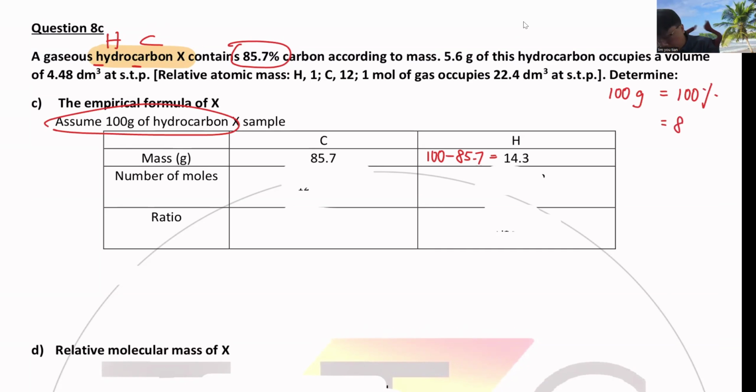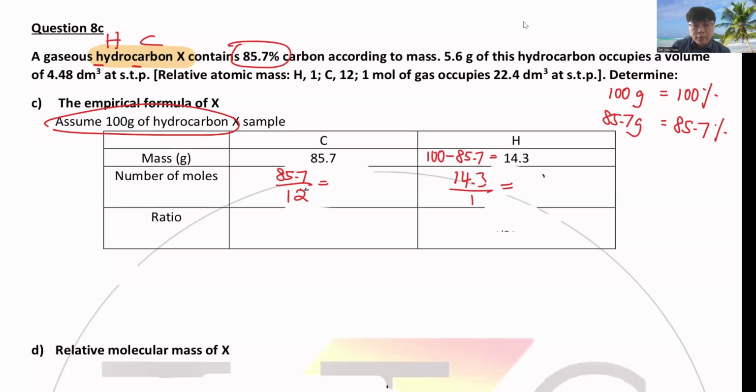Then we can assume 85.7% equals to 85.7 gram. That's why you need to show the teacher that I am assuming I have 100 gram only. It is a similar calculation, but a more complicated version.